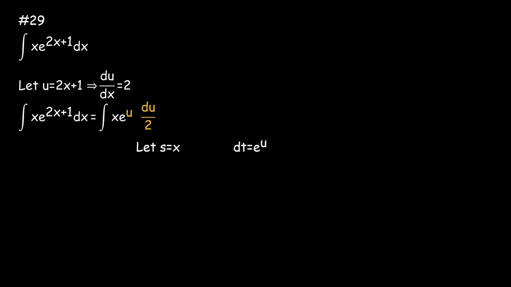And if now s is equal to x and dt is equal to e to the power u, which is integration by parts, ds over dx equals 1, and then t will equal the integral of e to the u, which is still e to the u, right?